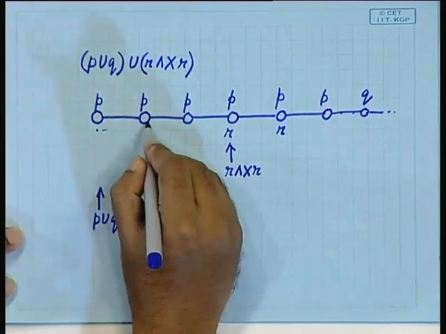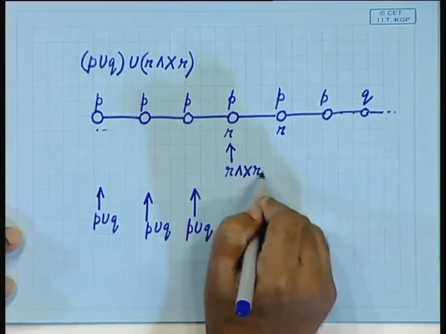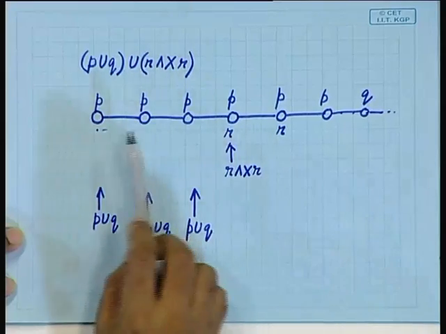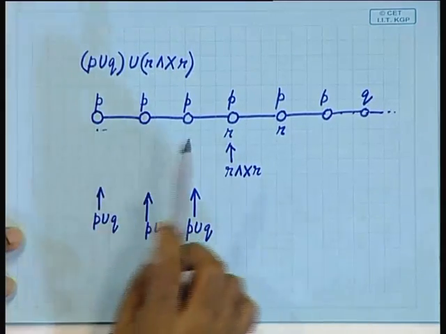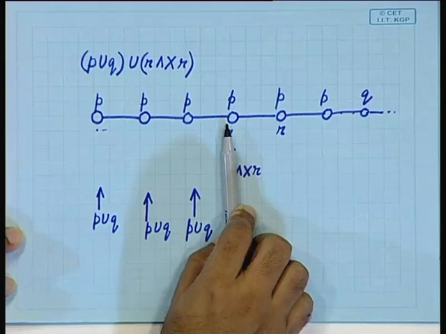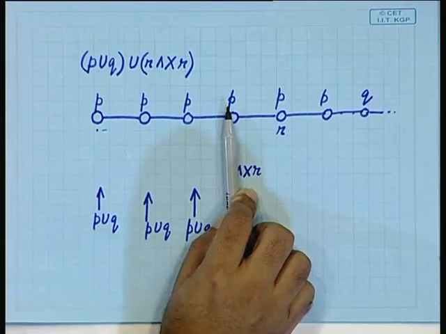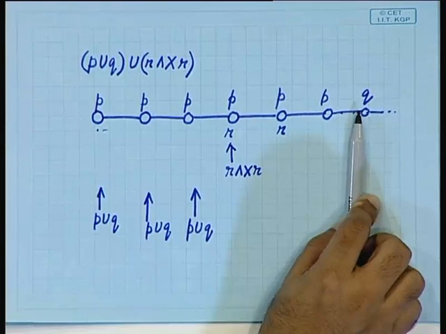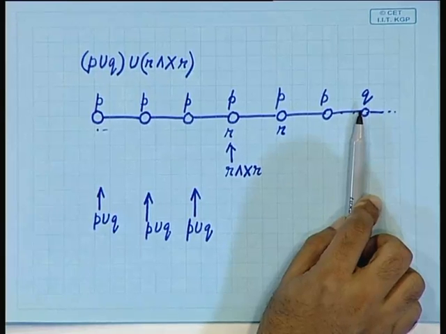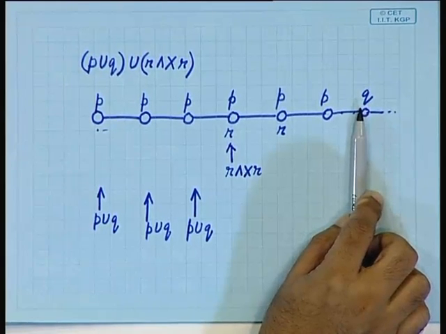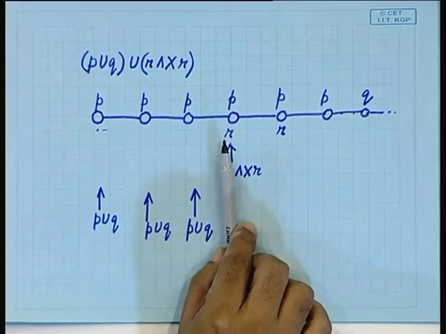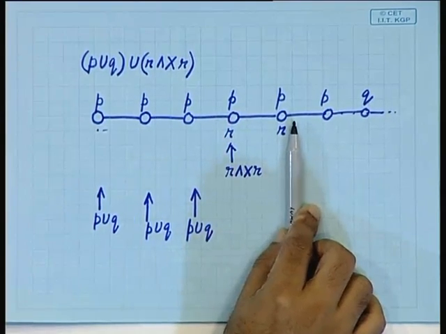So, P until Q is true here, and then here you get R and X R. But if you proceed from left to right, if you are doing simulation, when you have reached here, you still do not know whether P until Q is going to hold or not, because it may hold in the future, it may not. We may not get a Q in the future. So, that problem is there when you are checking LTL properties.